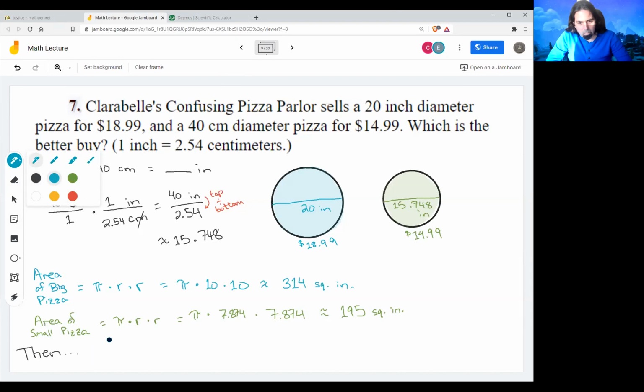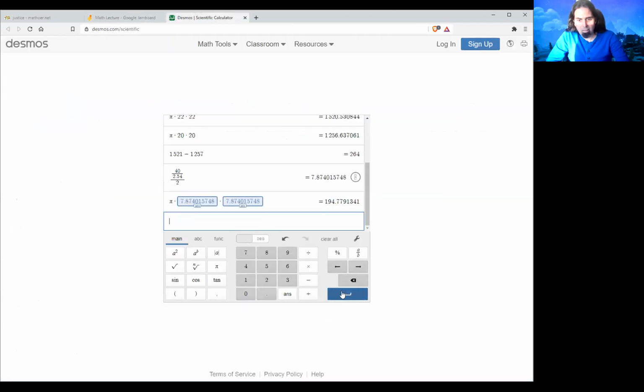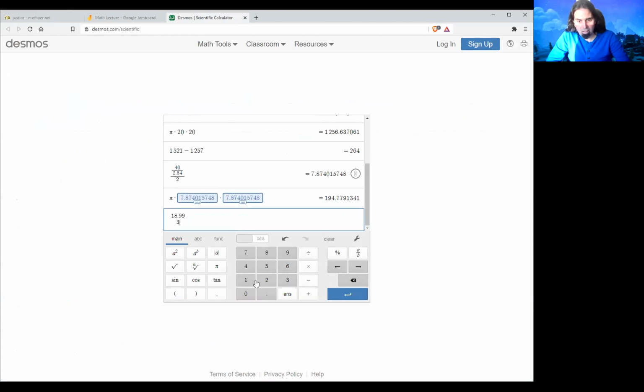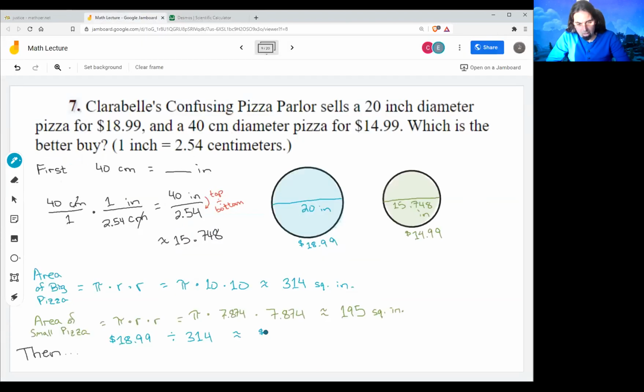So price, $18.99 divided by 314. So it is about 6 cents per square inch. Remember, division is per, so we're doing money per square inch.